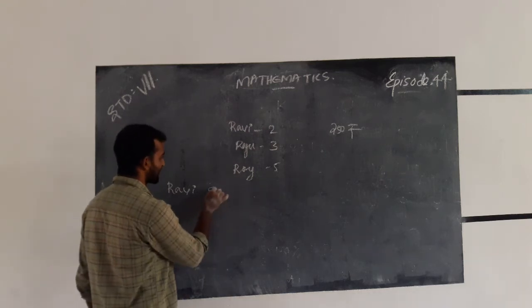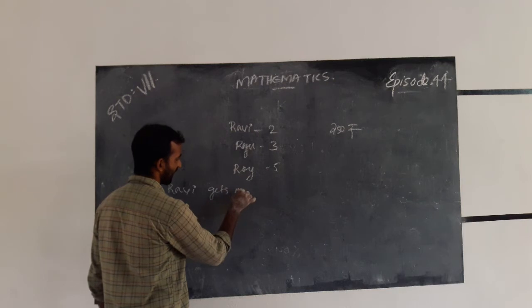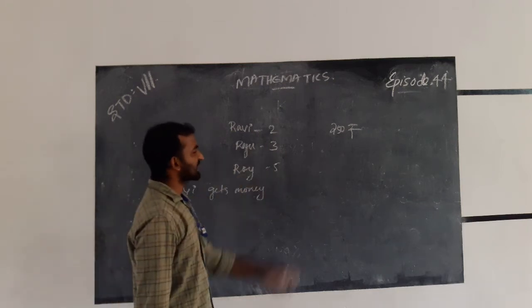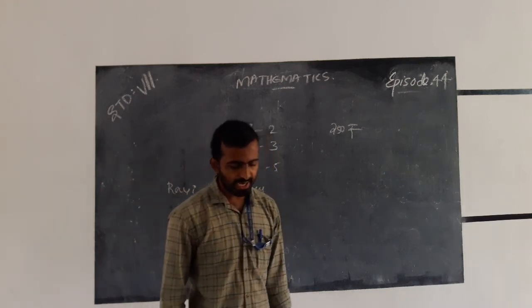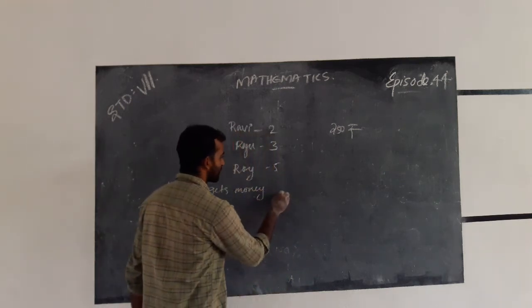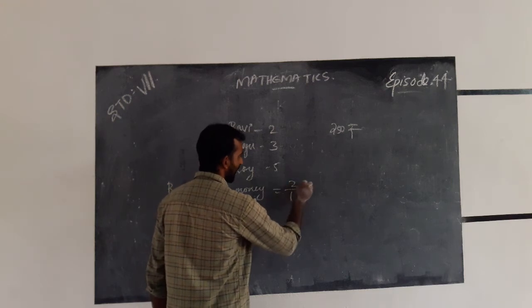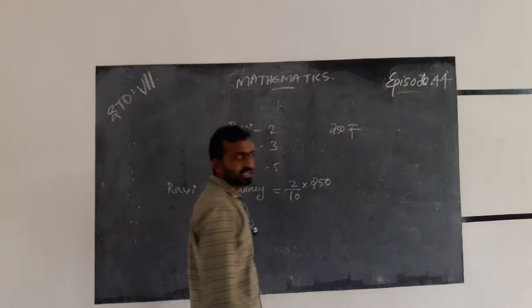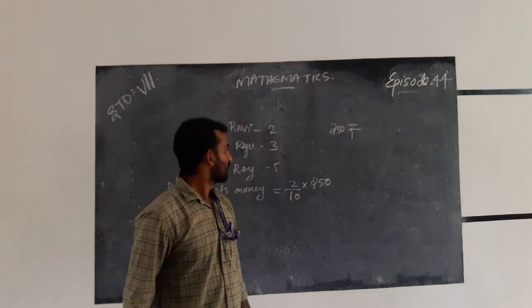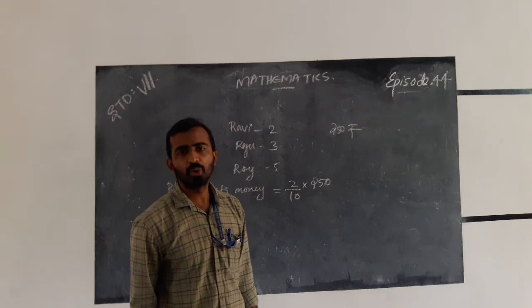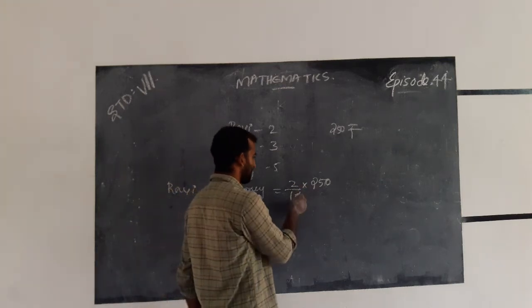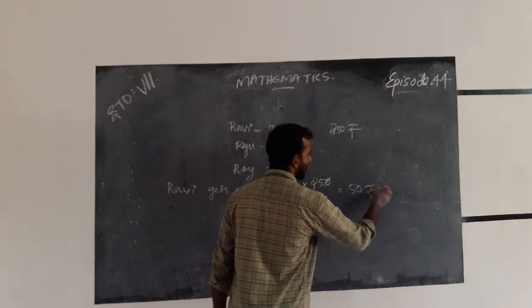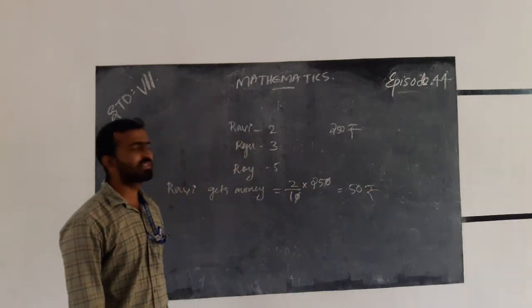Ravi gets money: the total is 10, so that is 2 by 10 into 250. When we simplify this, we get 50 rupees. That means Ravi gets 50 rupees.